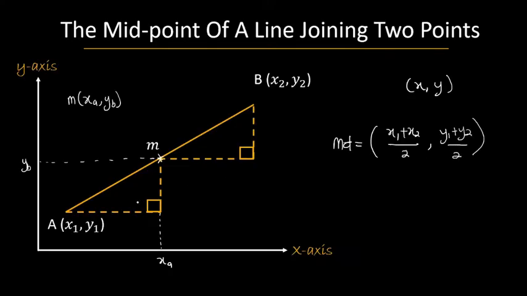If you add x1 and x2, you find half of it, and y1 and y2, you also find half of it. That will give you the coordinates of the center of that particular line AB.